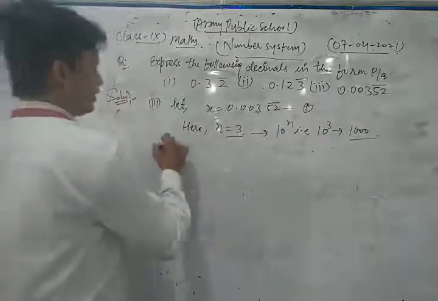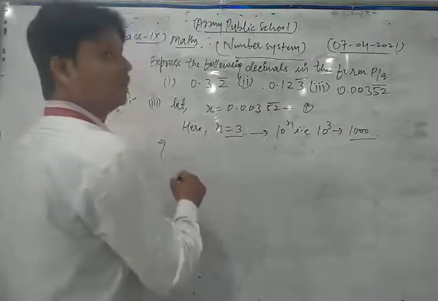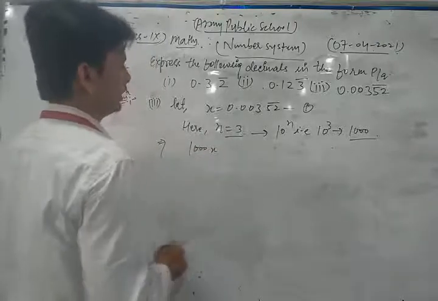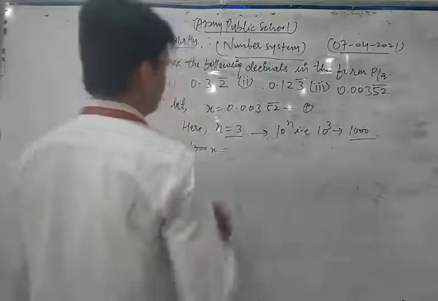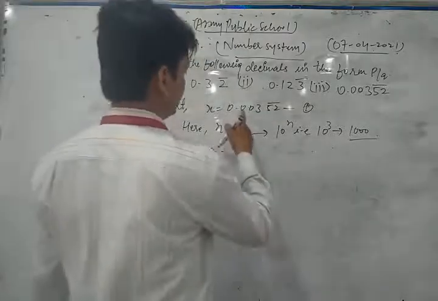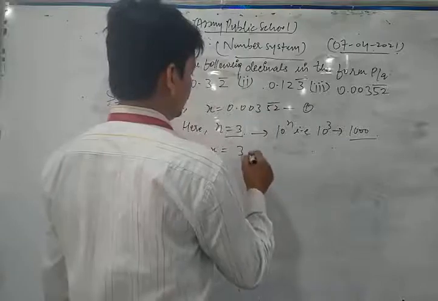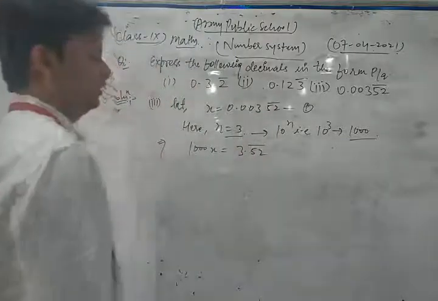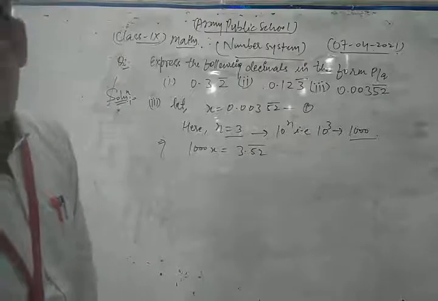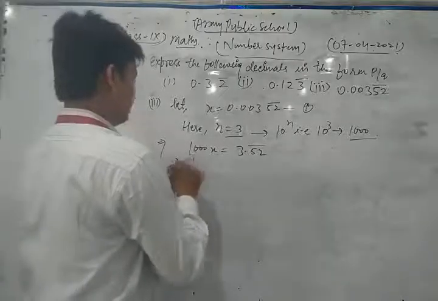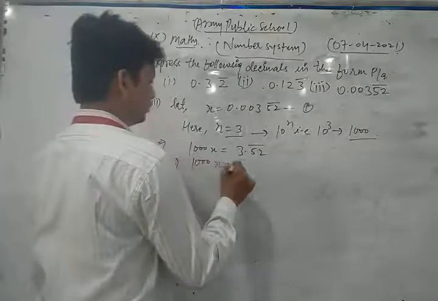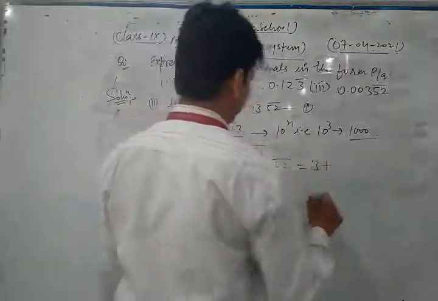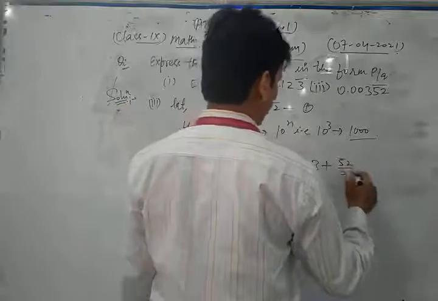So we get 1000x is equal to 3.52 bar. So we can write 1000x is equal to 3 plus 0.52 bar, that is 3 plus 52 upon 99.